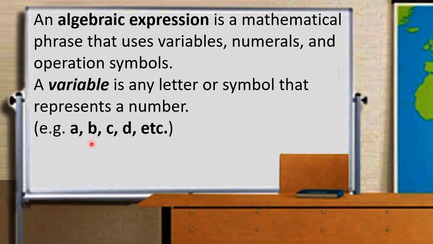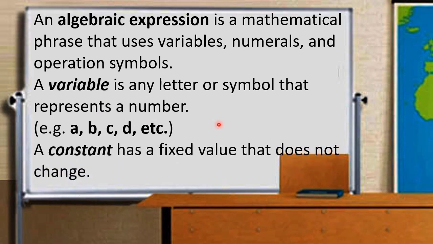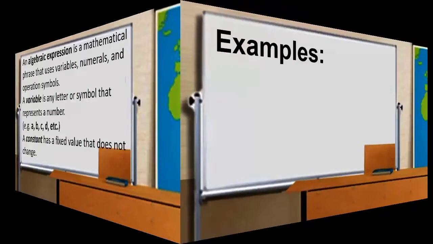Halimbawa, A, B, C, D, etc. Or dun sa previous slides natin, yung sa paghanap natin ng nth term rule, yung letter n doon, yun ay variable. It represents a number. Next, a constant has a fixed value that does not change.